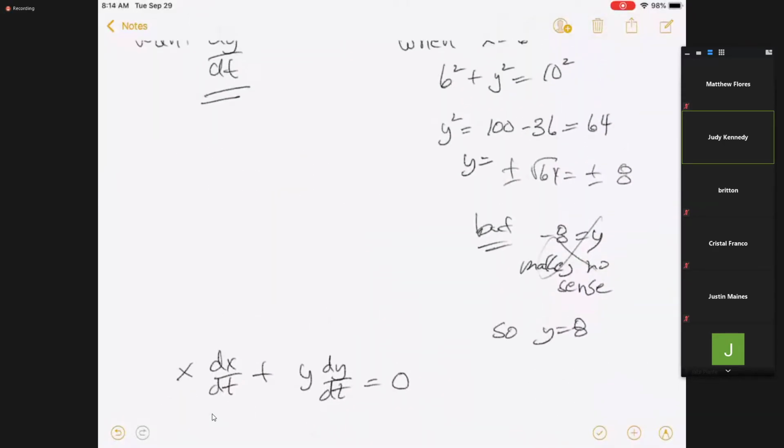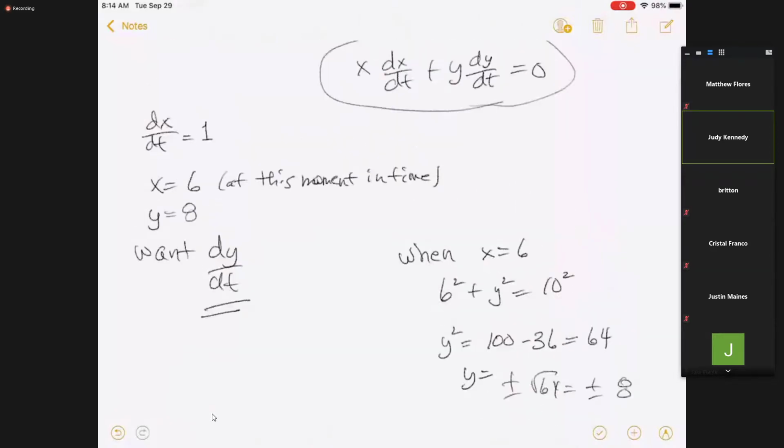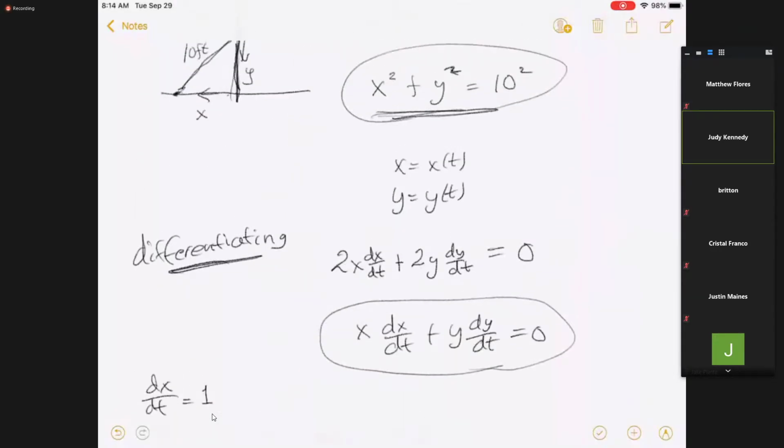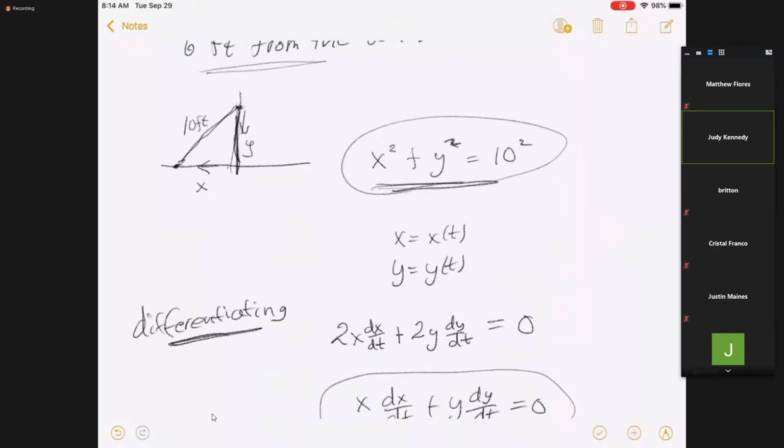Okay, so in this problem, the basic relationship came from the Pythagorean theorem. We had another problem that had the Pythagorean theorem, the cars coming towards the intersection yesterday. But your basic relationship's going to vary. Sometimes you'll use similar triangles. If you've got a volume or an area that's changing, you need to know what the basic formula for that area or volume is.